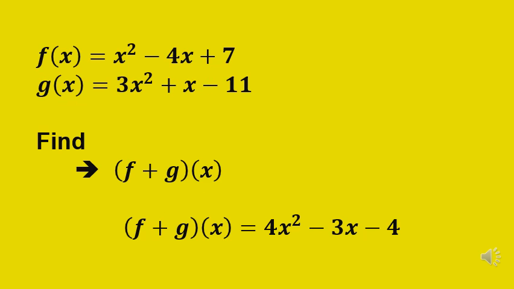Again, when you're adding, what you basically do is just combine like terms. So I take 1x squared plus 3x squared, that gives me 4x squared. Negative 4x plus x is negative 3x, and 7 minus 11 is negative 4. So our final answer will be 4x squared minus 3x minus 4.